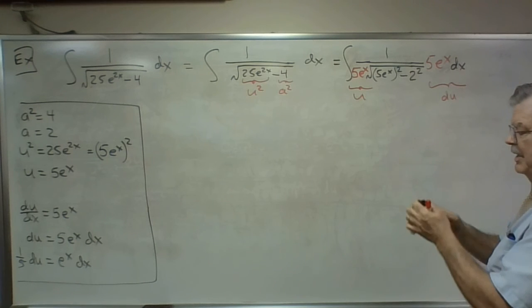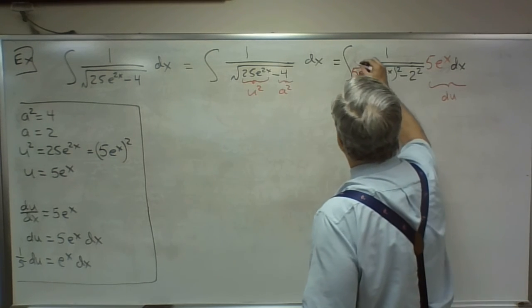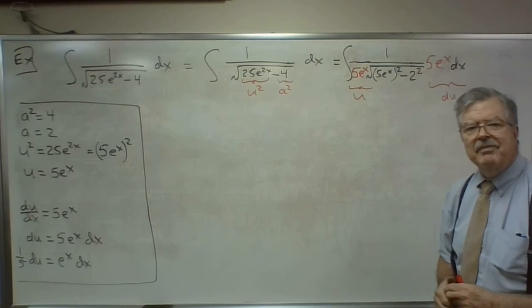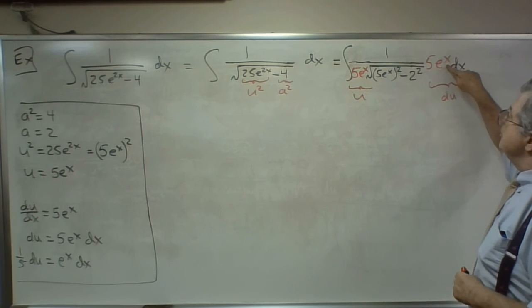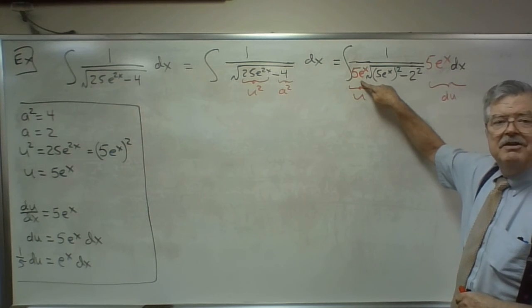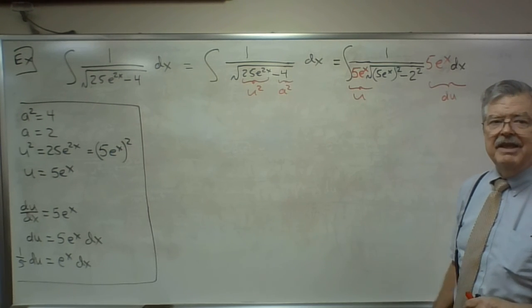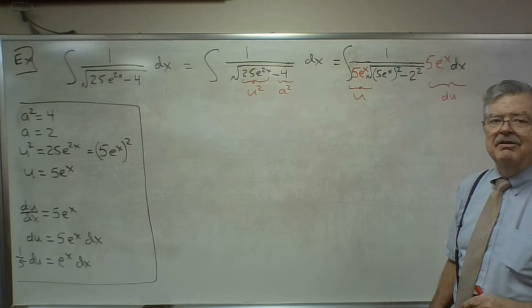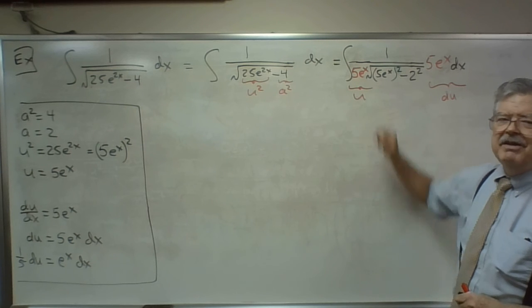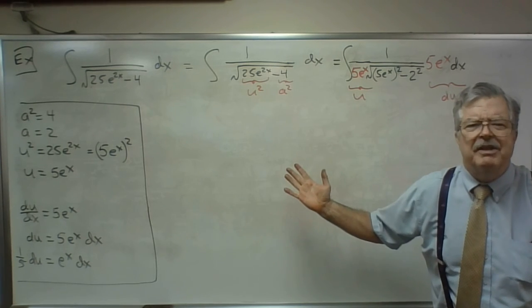And let's make sure we understand this. I haven't changed the value of the expression at all. I multiplied the numerator by 5 e to the x. I multiplied the denominator by 5 e to the x. So in other words, I multiplied by 5 e to the x, I divided by 5 e to the x, I multiplied the whole thing by 1.